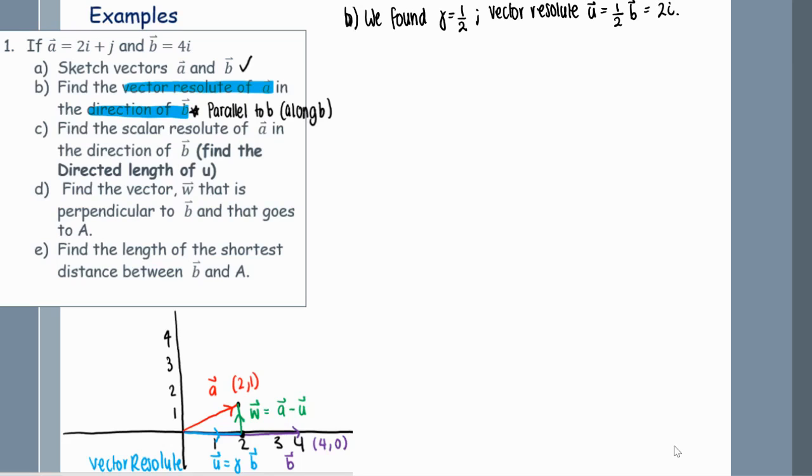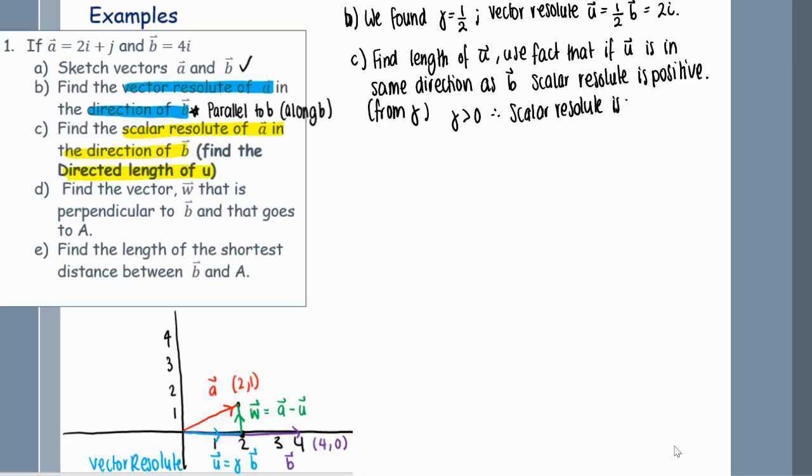We know that U is in the same direction as B. So that means my scalar resolute is going to be a positive number, and it is going to be the positive length of U. The length of vector U, well, U was 2i.